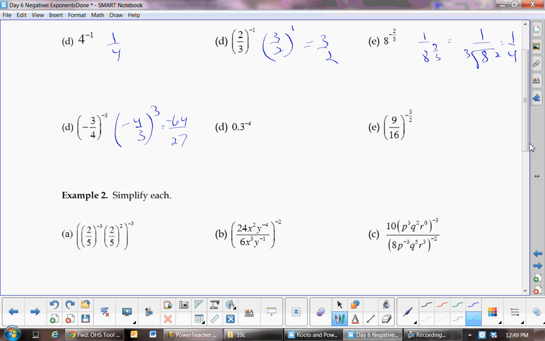Now D, see how we haven't had decimals up to now, but you can change it to a fraction. What is 0.3? 3 over 10. So this is like 3 over 10 to the negative 4. Have I done any calculations at this point? No. And if you think, oh man, I would have never got that, just type 0.3, math, enter in your calculator, and it will give it to you.